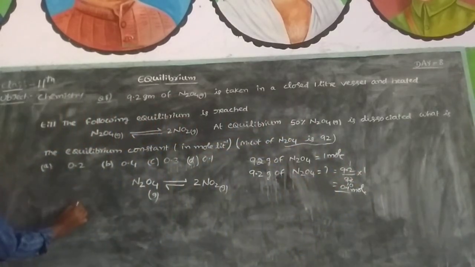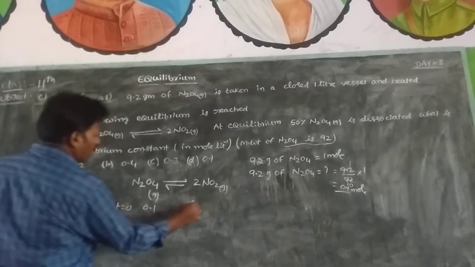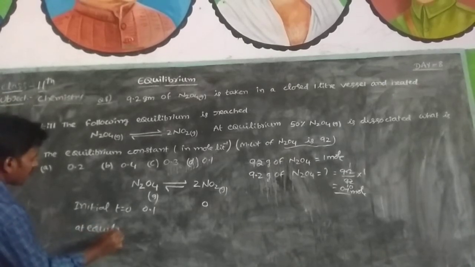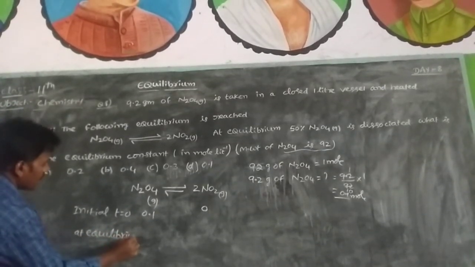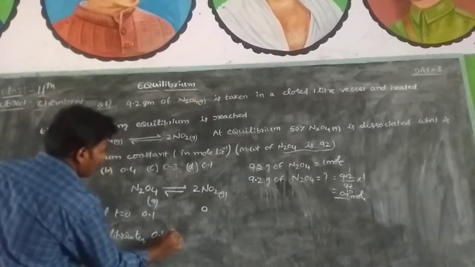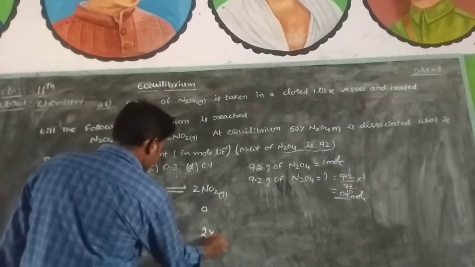At initial, T is equal to 0, this is 0.1 mole, and this is 0, because reactants are not yet converted to products. At equilibrium, it is 0.1 minus x, and this is 2x.